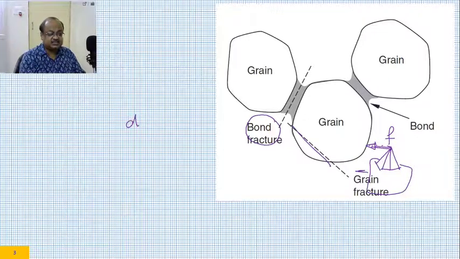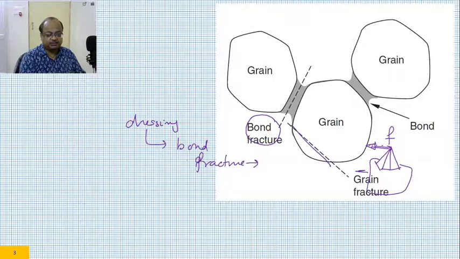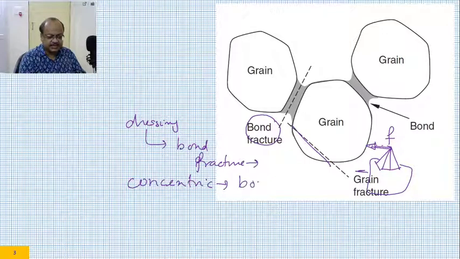During dressing operation, bond fracture is not desirable. What is desirable? When is it desirable? When you need to remove the eccentricity and you want to make it concentric, then you need to remove a lot of material, and that can be done by bond fracture.